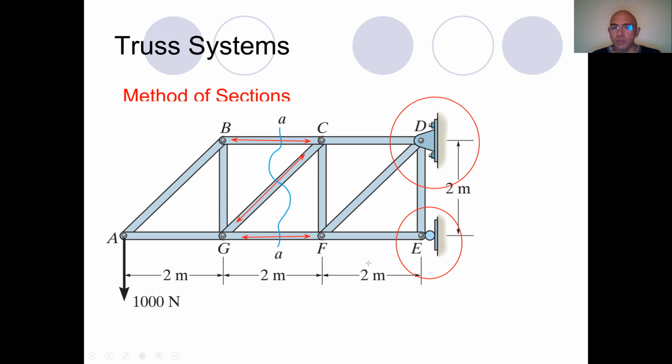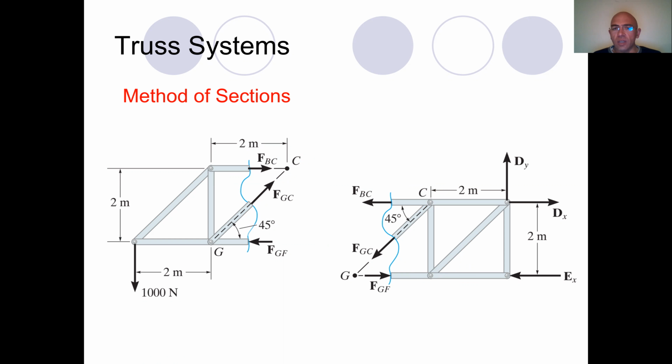Instead of solving the whole system, what we do is very simple. We cut the structure at a proper location. Then we write the internal forces. So when we cut it, of course, there are internal forces.